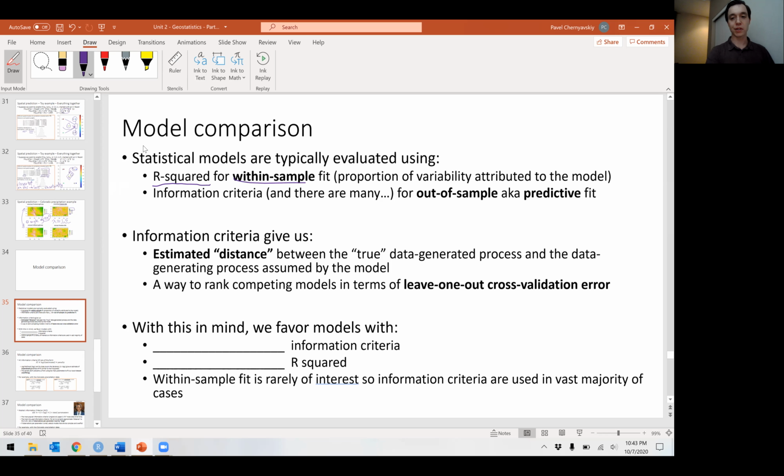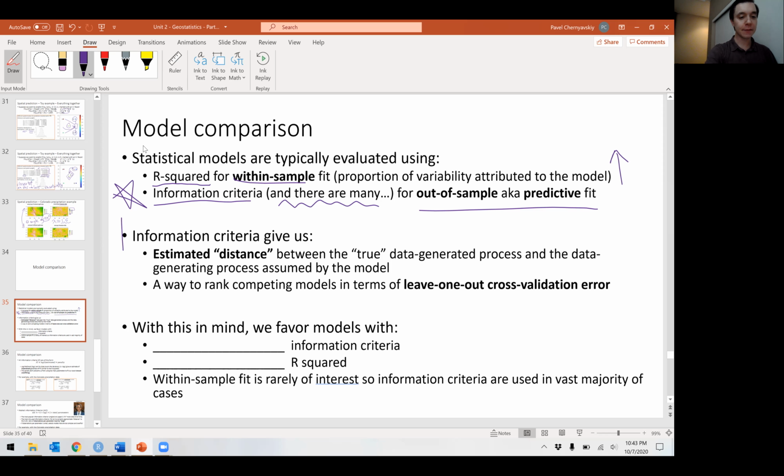We want that proportion of variability to be as high as possible. And information criteria, and there are a ton, for out of sample or predicted fit. Most of the time in the literature, we favor information criteria because we always want to predict the next observation, the one that is not a part of our sample.